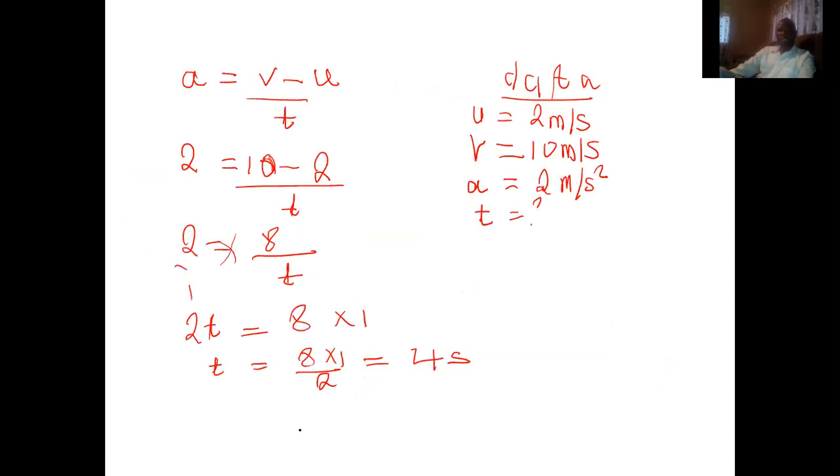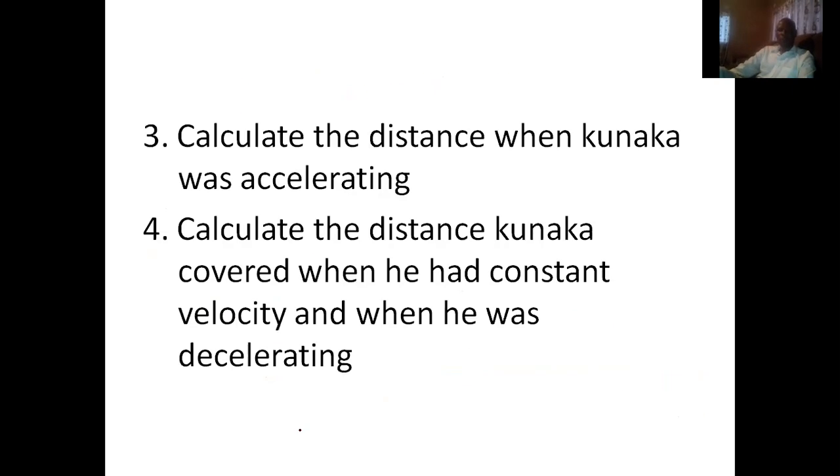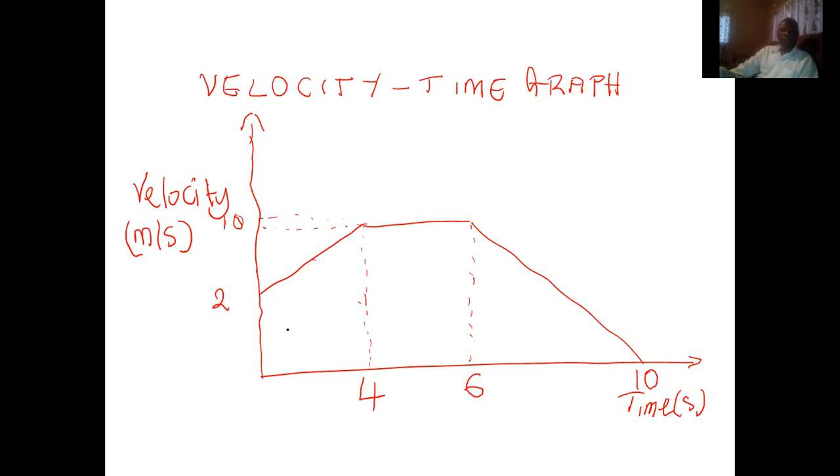The distance here is the area under the graph. We can have 2 distances here. For a rectangle, we can call it distance 1, and for the triangle, we can call it distance 2. Then you add these distances. It means that we have calculated the distance Konaka covered while he was accelerating.